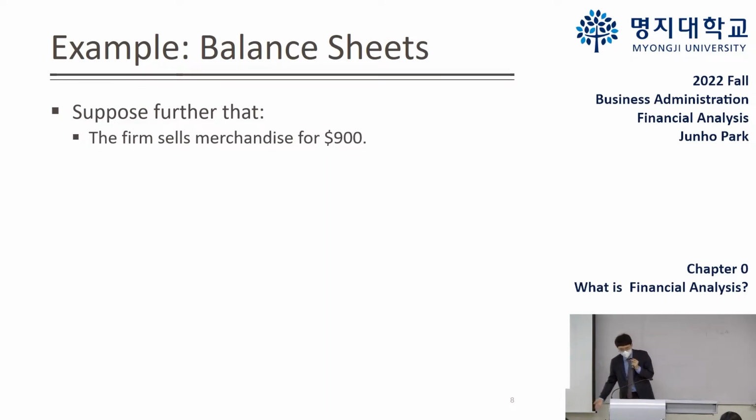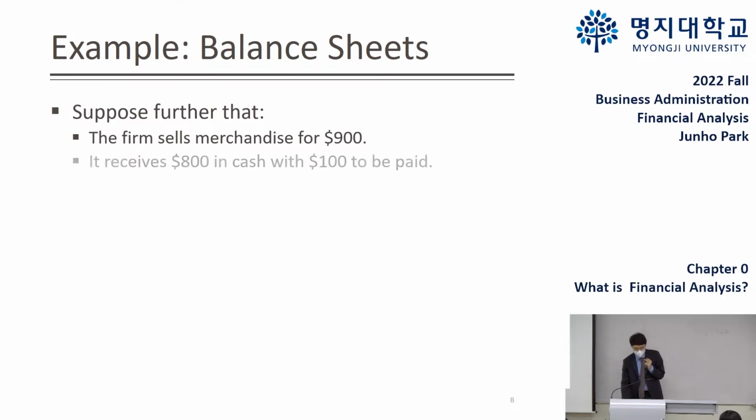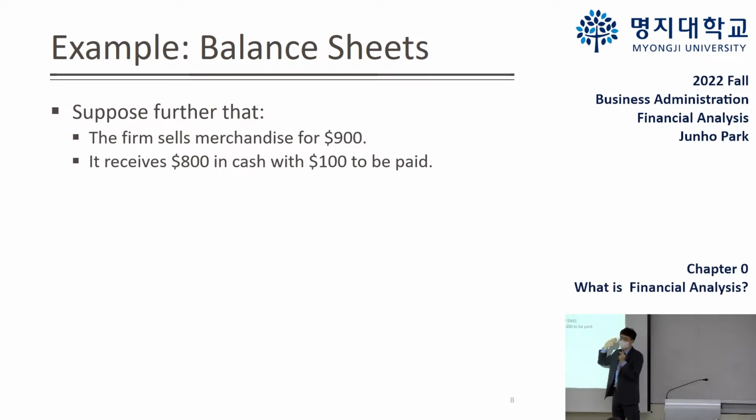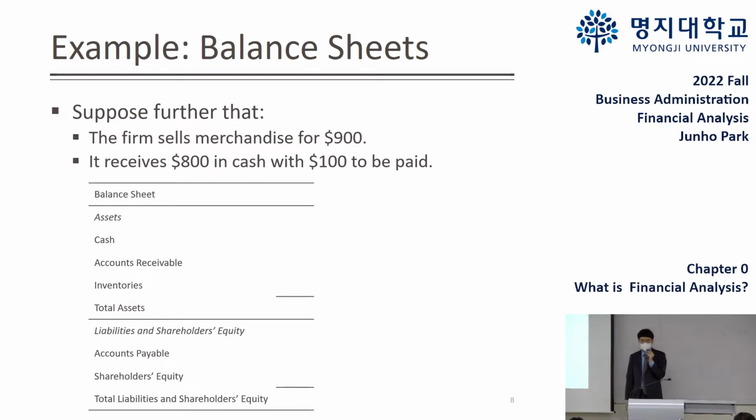So you succeeded in selling it for $900. And of course, it would have been better if you could receive it all in cash. However, your customer said, hey, I will buy your merchandise forever, so at this moment, let me just pay $800 in cash and let me give you another $100 later. So it happened right now, and you agreed.